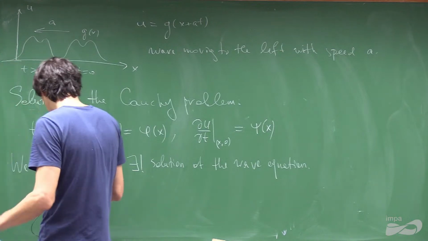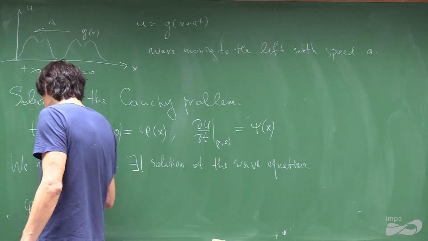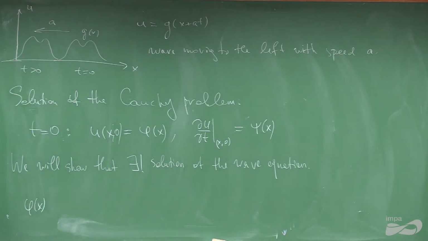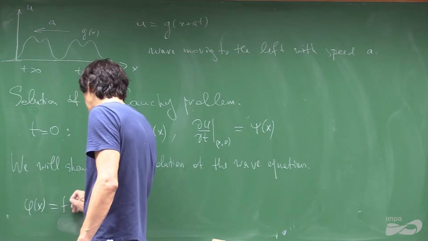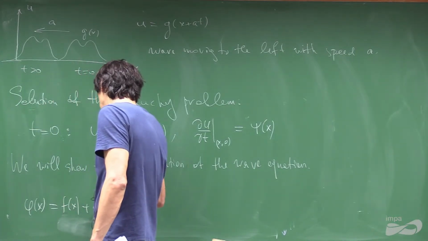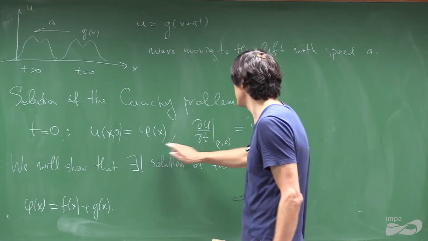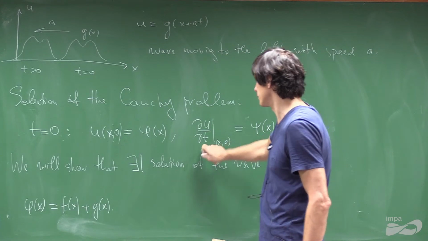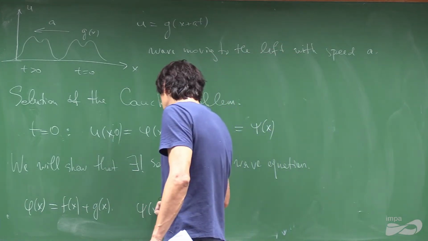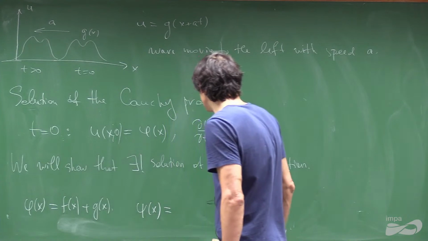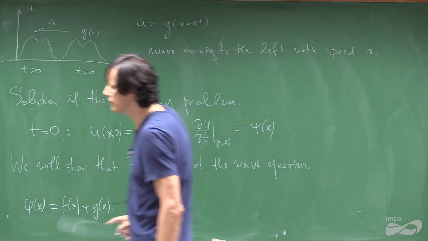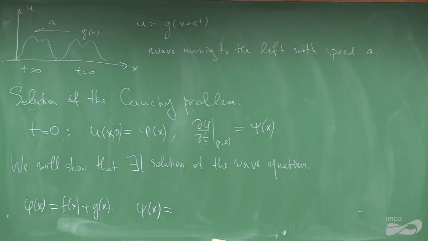What it means is that the initial position is these two functions taken at t equals 0. So phi of x is just the sum of f of x plus g of x. This is the first condition, and for the second condition we have to take the derivative. So psi of x is what? It's the derivative of u with respect to time, which is the derivative of f with respect to its argument, and then the argument with respect to time, the chain rule.